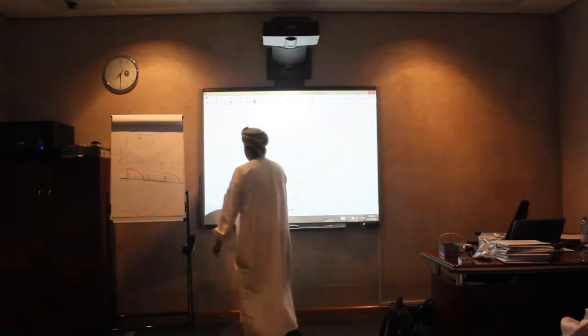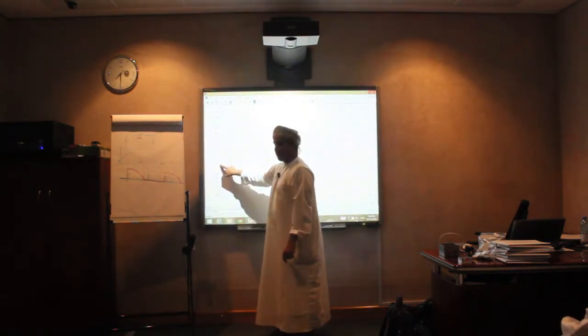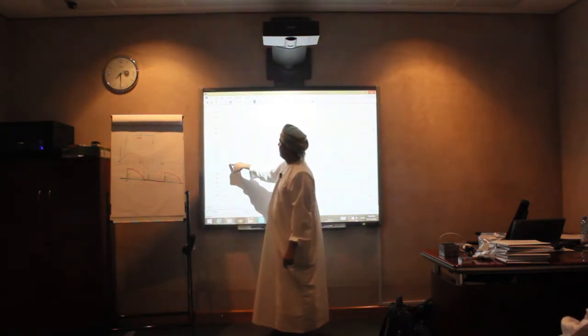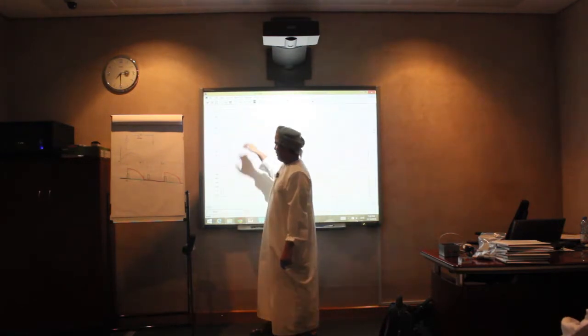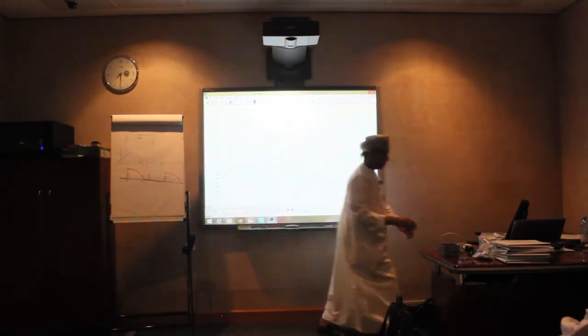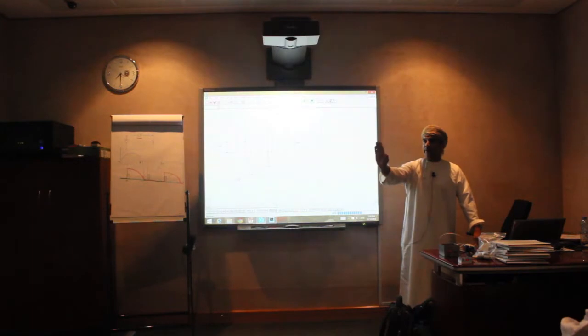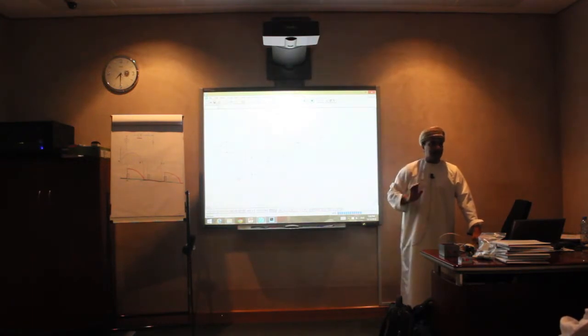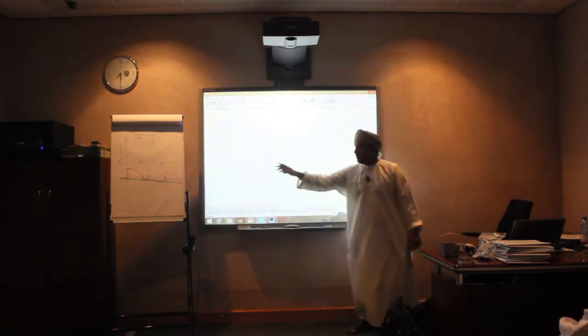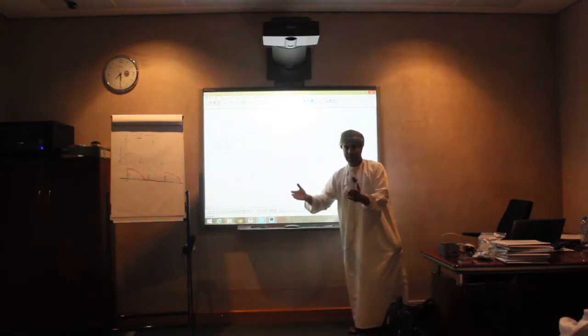Let's discuss that one. Between this period till here, this is positive, right? Therefore, this diode and this diode are in forward bias, but there is no signal, so they will not conduct.